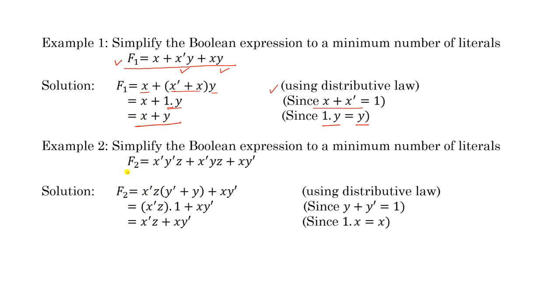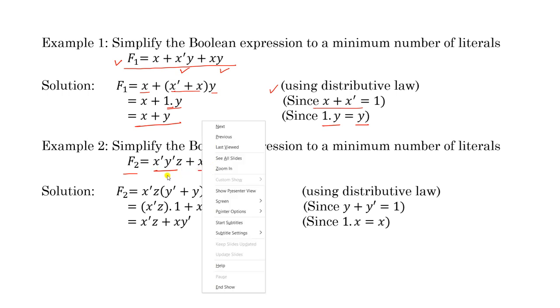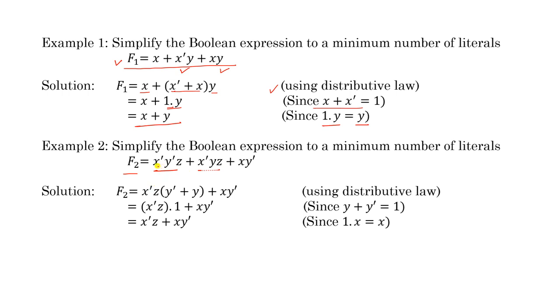So the reduced expression of f1 is x plus y. Look at another example, f2 is x dash y dash z plus x dash yz plus xy dash. If you look at the first and second terms, x dash z is common in these two terms, so you can apply the distributive law. x dash z (y dash plus y) plus xy dash.